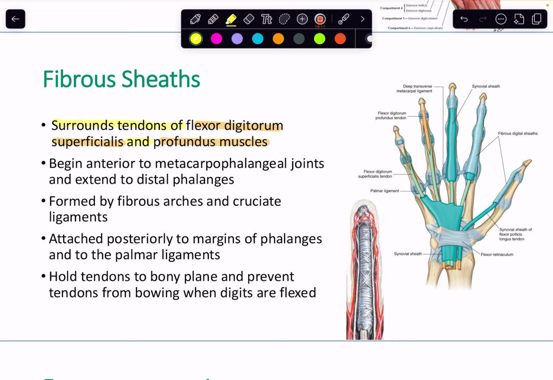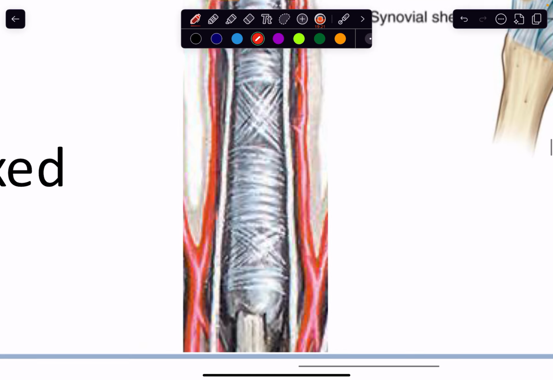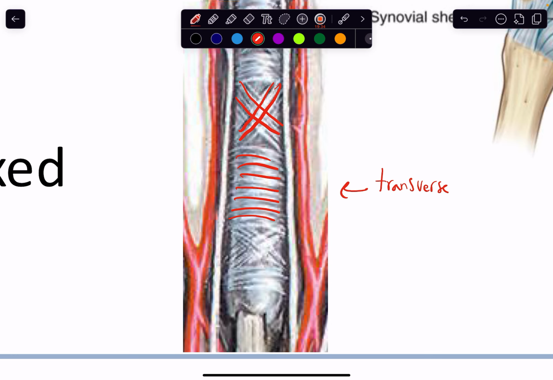But at the joint and between the joints there is a difference. These are the transverse fibers, and these transverse fibers are mostly at the joint. But between the two joints, it's crisscross, cruciate. Right? So these are the cruciates.